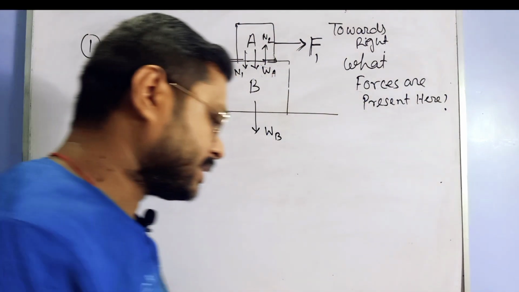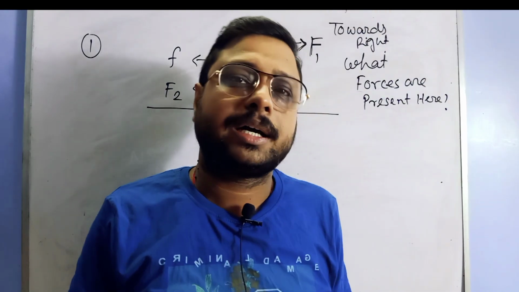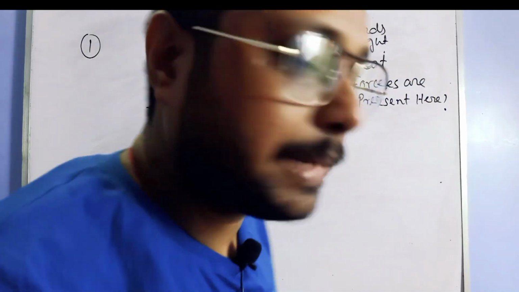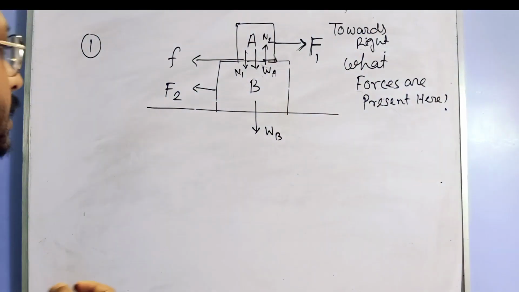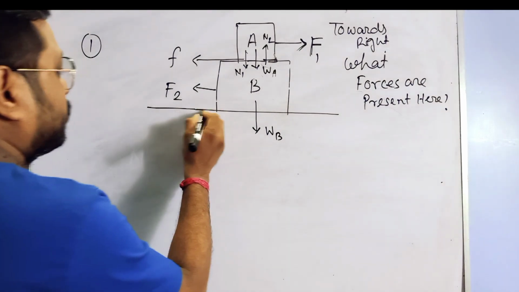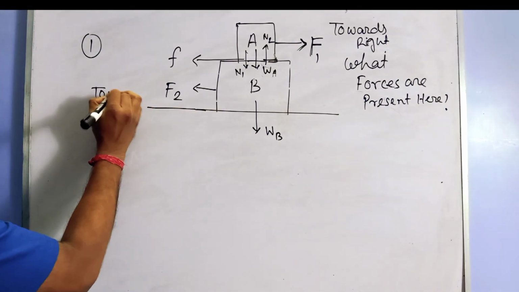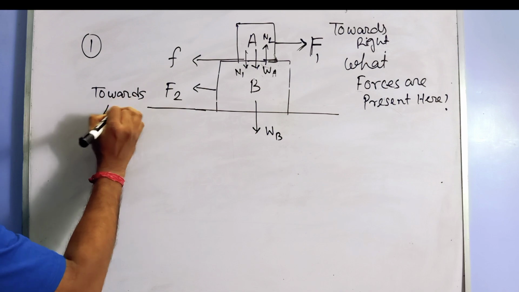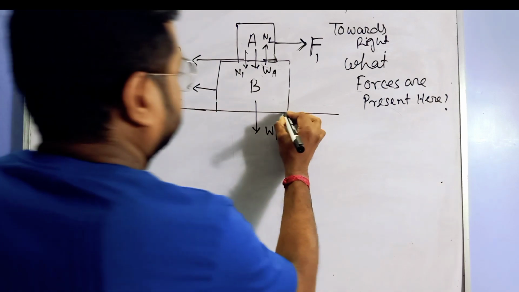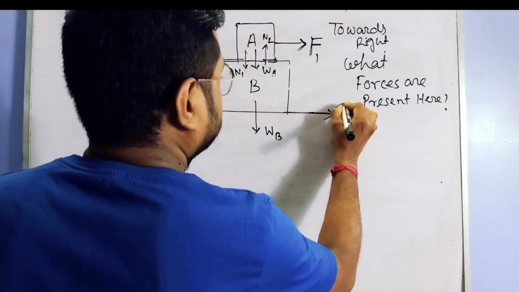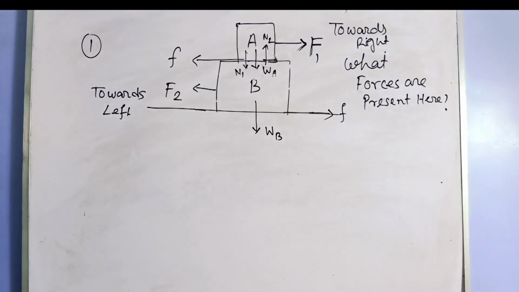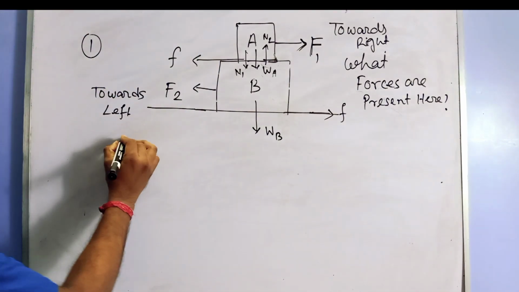Friction always acts opposite to the applied external force. Here, as B moved towards the left, the friction force acts along this.